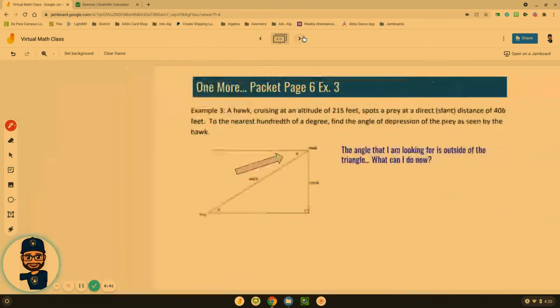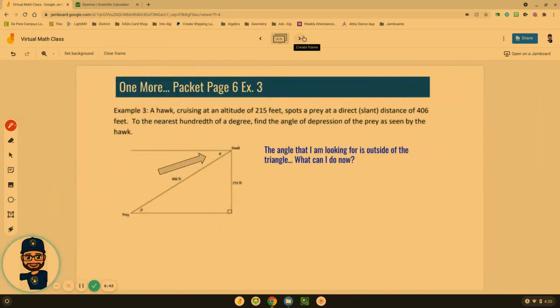Let's try our second and final example. A hawk is cruising at an altitude of 215 feet, meaning, guys, so here's this hawk right up here. Here's the bird. It's above the ground 215 feet.